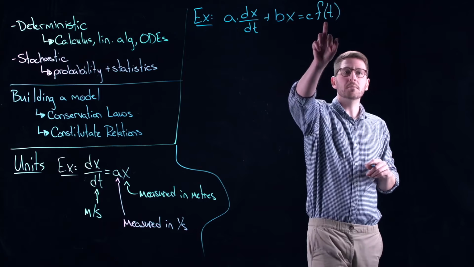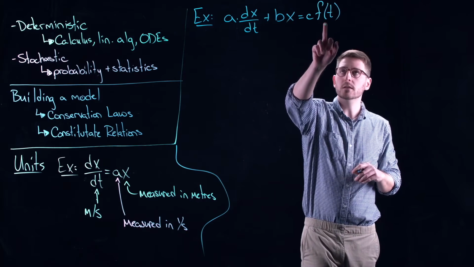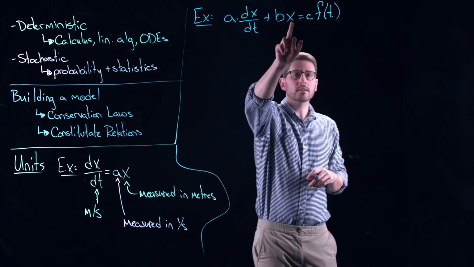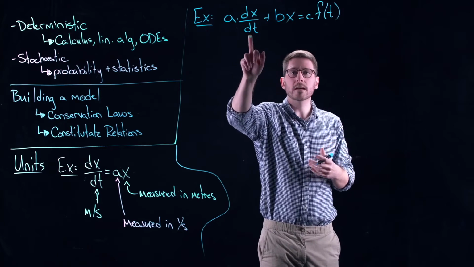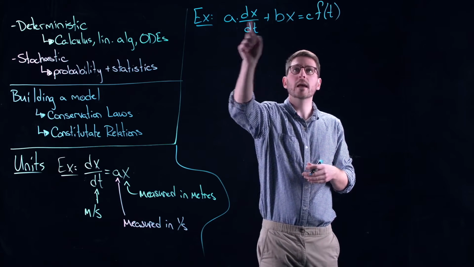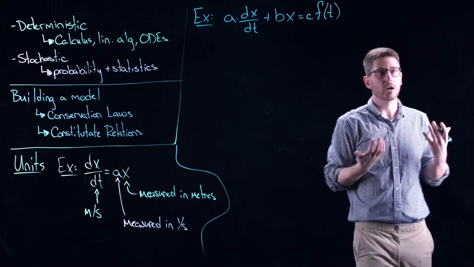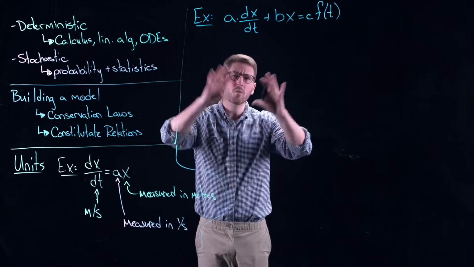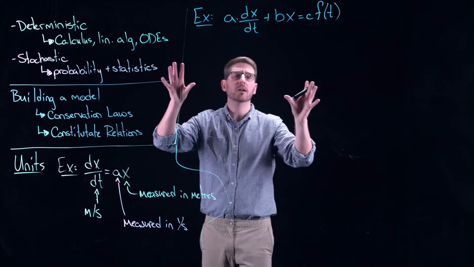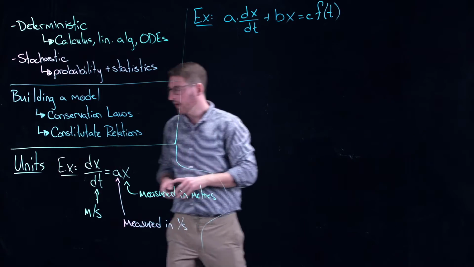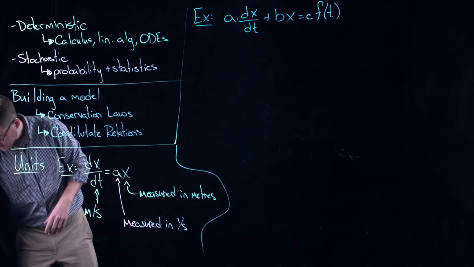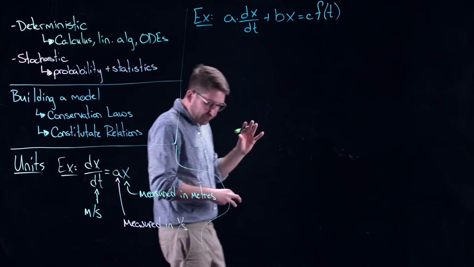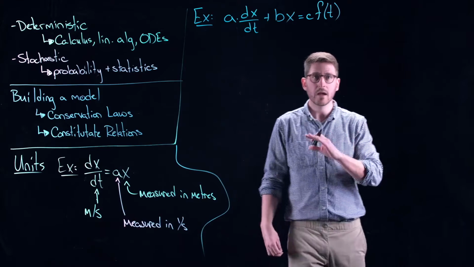So f of t would be a forcing function in this case. x might be your position, dx/dt might be your velocity, and A, B, and C might be some measured constants that you put together to build this mathematical model. Let's not worry too much about the mathematical model itself. Let's discuss a way to get rid of A, B, and C. I don't want them in there.